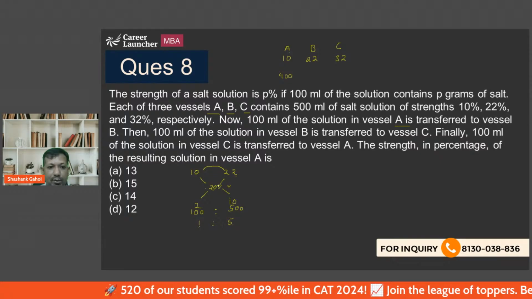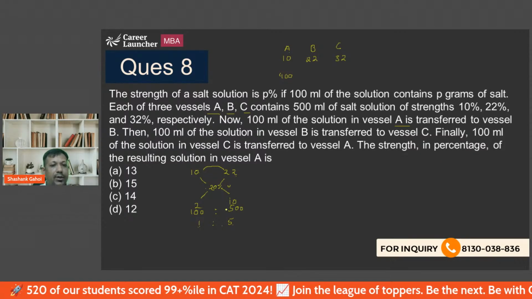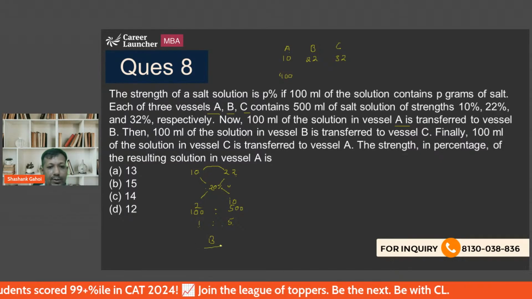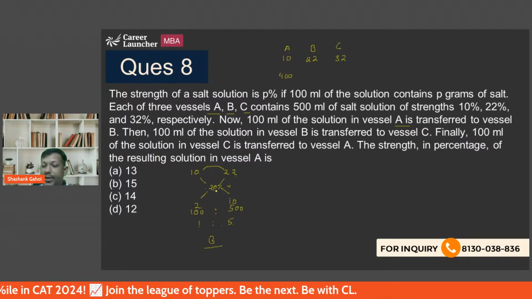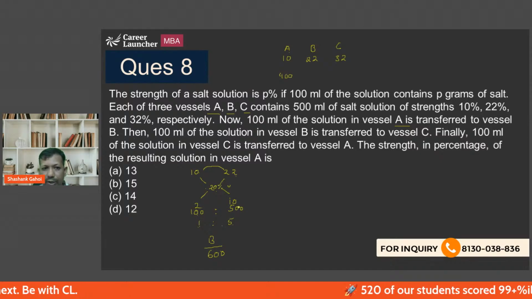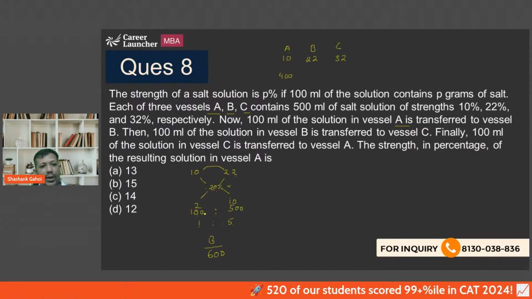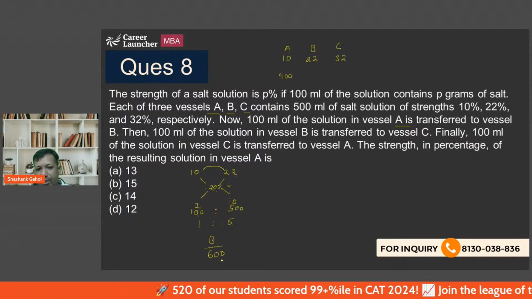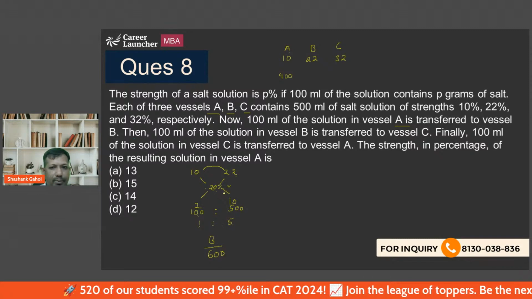So 20%. So in B, the current concentration is 20% and the total weight is 600, right? 500 was already there, and 100 was added to B. So B has a weight of 600 and final concentration is 20%.